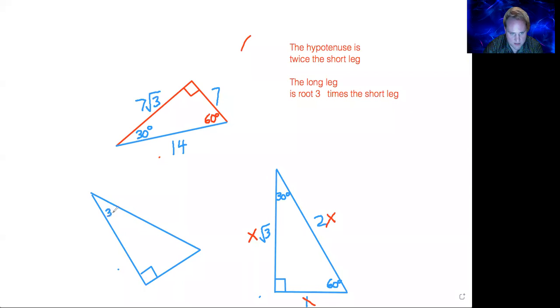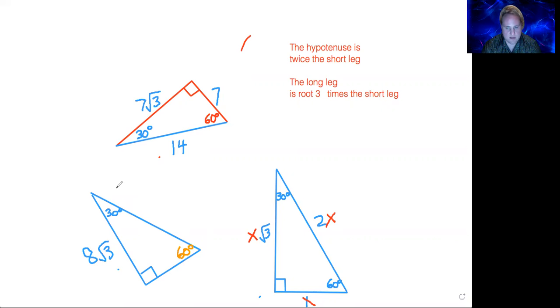Let's say this is 30, and all the blue for this example is going to be the original problem. And let's say this side is 8 root 3. How do we find everything else? All the findings are going to be in the orange. Now, this has to be 60 to make it add to 180. So we have a 30, 60, 90 triangle.